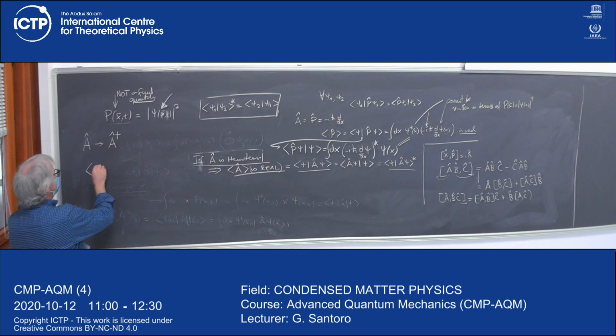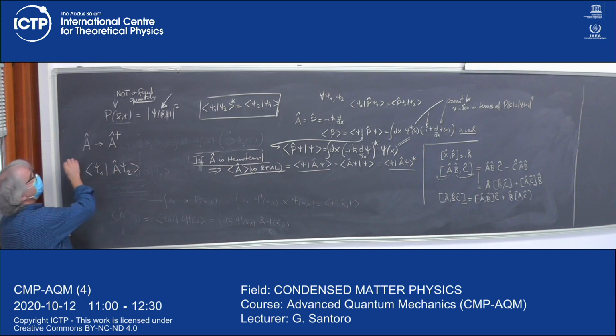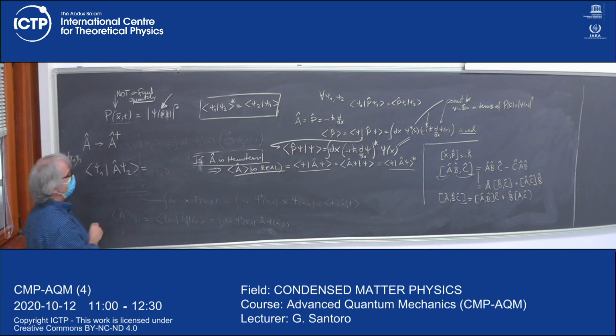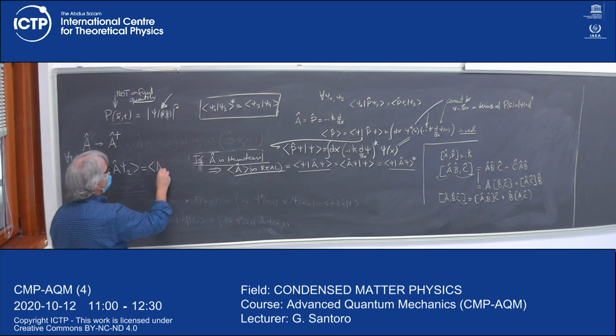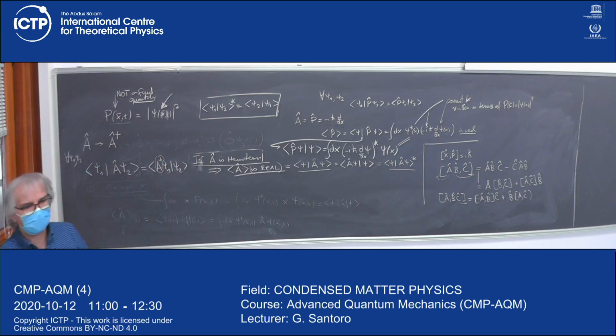I take two states, psi 1 and psi 2, any two states, and I calculate this expectation value of A. If I can find another operator such that this object is equal to this, then you say that this new operator is the Hermitian conjugate operator. So in words, it is that operator which, acting on the left, reproduces exactly the action of the operator A acting on the right.